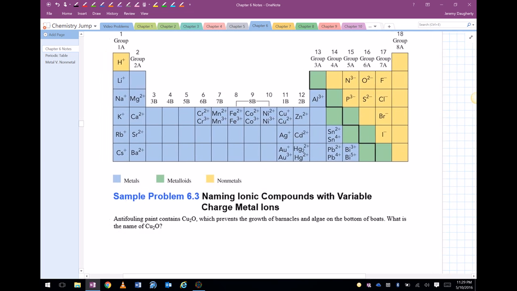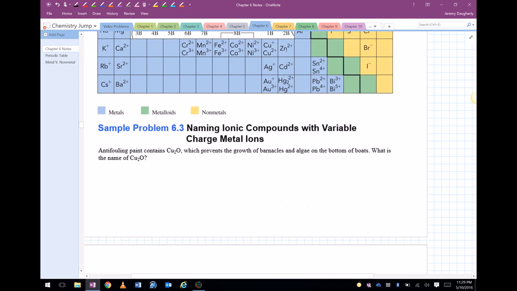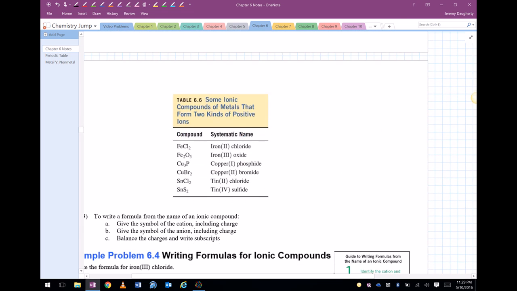So here you can see the charges of the cations and anions. We can see here are the transition metals where we have more than one charge. Notice aluminum, zinc, and silver do not have more than one charge. And really there's no sense in memorizing them because you can always figure them out. Alright?